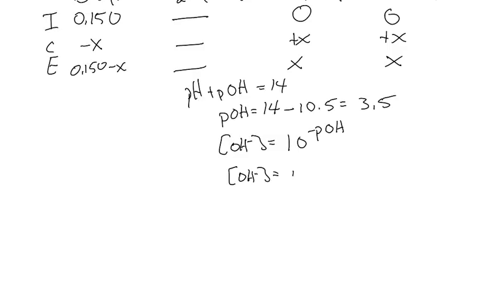So my hydroxide is going to be 10 to the minus 3.5, or that's going to be 3.16 times 10 to the minus 4 molar. And we'll finish this off on the next slide.